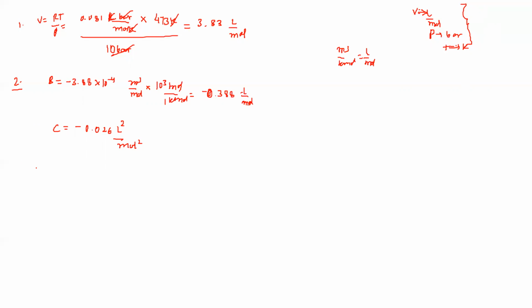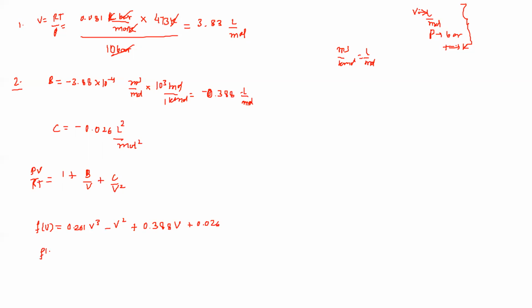Once we have B and C, we are again going to use PV by RT equals 1 plus B by V plus C by V square, and we'll again get our cubic equation. Substituting all the values, the cubic is 0.261 V cube minus V square plus 0.388 V plus 0.026.